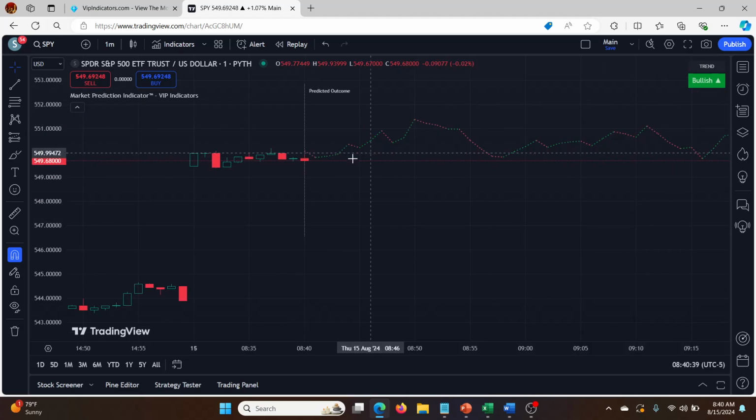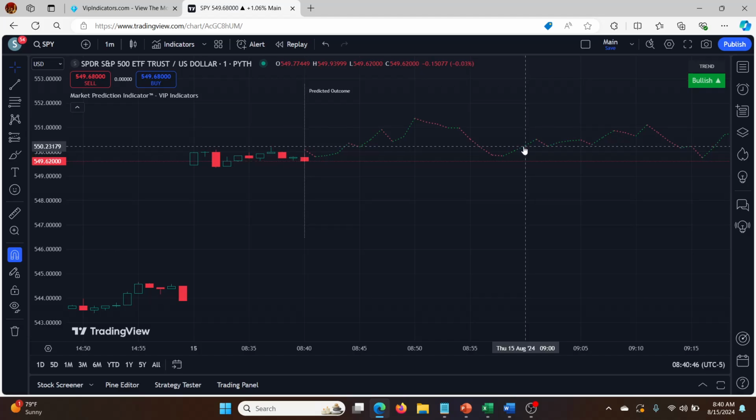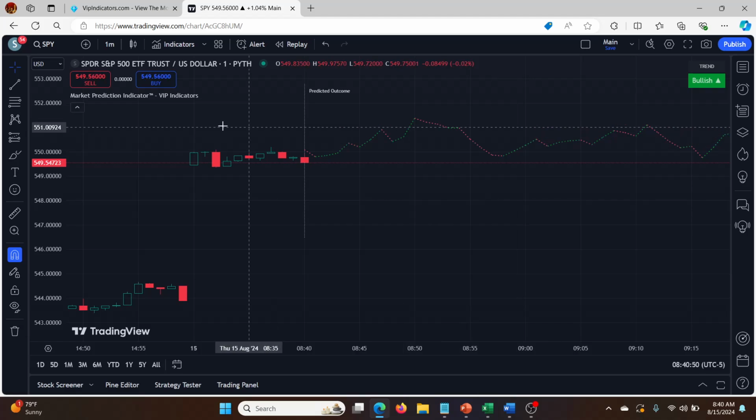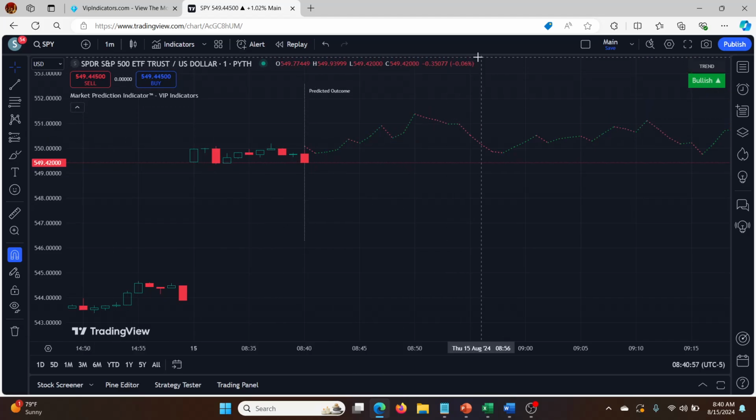So it's saying it's bullish. It's going to go up on the 1 minute by the time it hits the next hour, which is 9 Central Time here. So in 20 minutes, we should be around about the same, if not a little bit higher. I'm a little bit confused here, but this is nice, but is it really accurate? So let's take a screenshot of that.